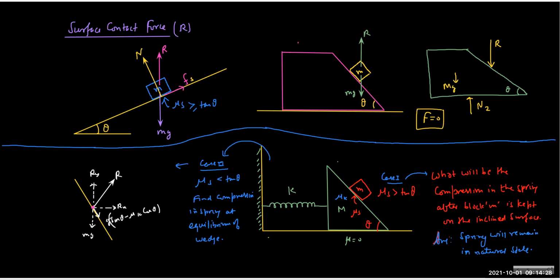What I can see clearly is the component of acceleration in the horizontal direction. What is it? It is a cos theta. If I say this as Ax, then I can say Rx equals the mass of the block into Ax.